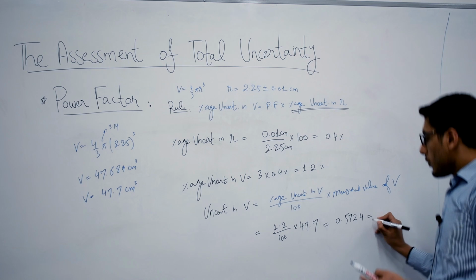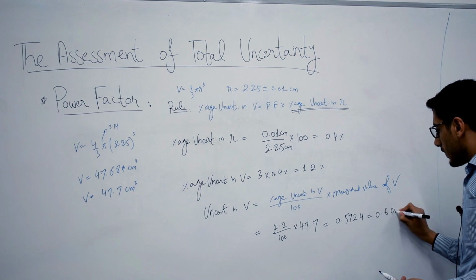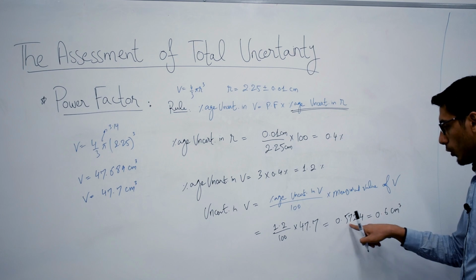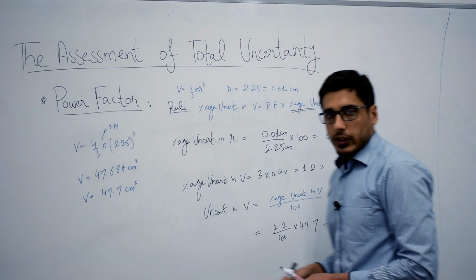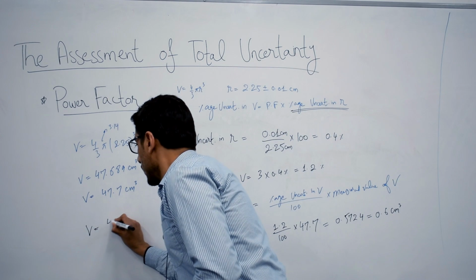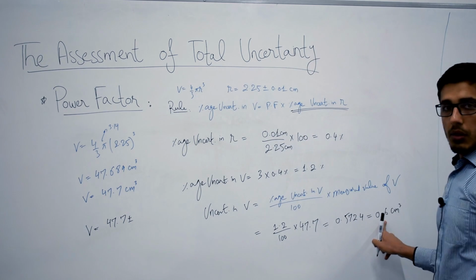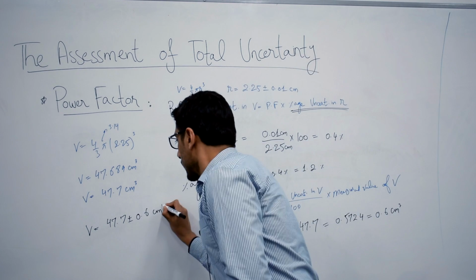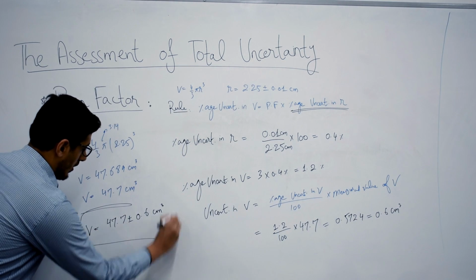So I can reduce it using rounding rules to 0.6 centimeter cube. So now I can combine the uncertainty and the measured value of volume to get the final result as my volume is 47.7 plus minus 0.6 centimeter cube. And this is your final result.